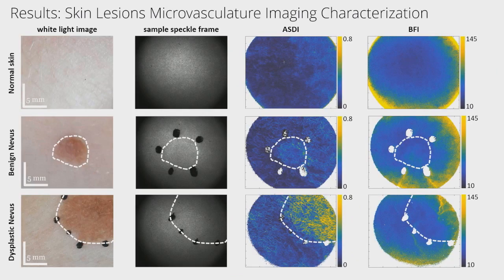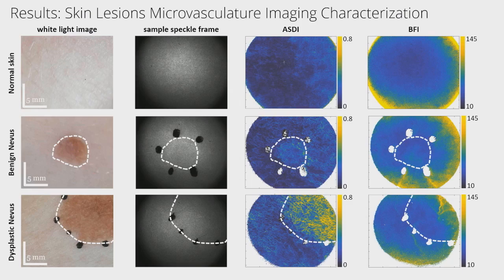Lastly, this shows an idea that we have, that this device could be used for skin cancer detection. Here we image three different areas: normal skin, a benign nevus, and a dysplastic nevus.